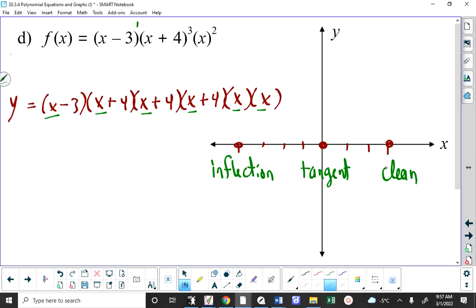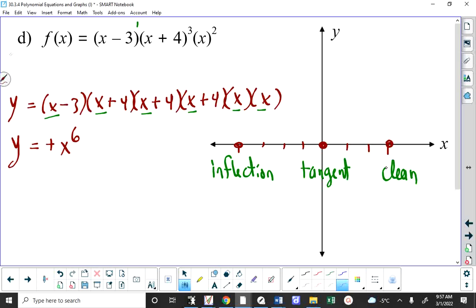If there's an x minus 3 and there's one of them, and then there's 3 x plus 4s and there's 2 x's, you're going to have 6 factors in total. So it's degree 6, which means both arms are going to be, in this case, up. Because if you expand that out, and you don't have to write this every time, I think you should be able to look at that and see you're going to get x to the 6.